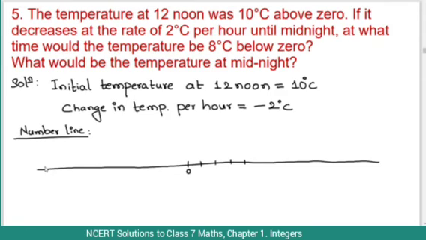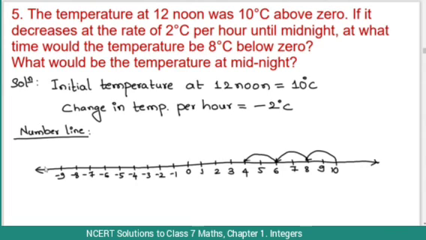So draw a number line as shown here with the positive and negative integers. The temperature at 12 noon is 10 degrees Celsius. Then we will start with 10 degrees Celsius, and it is decreasing 2 degrees Celsius per hour.